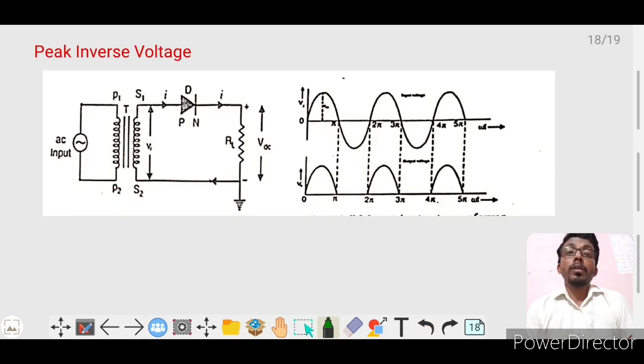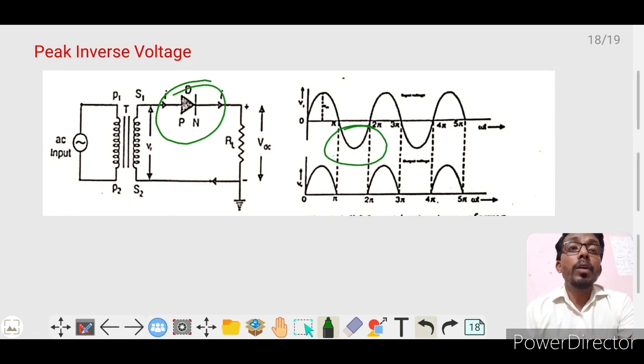Now the last point of this topic is peak inverse voltage. What actually is peak inverse voltage? It is the voltage drop across the diode when the diode is not conducting.